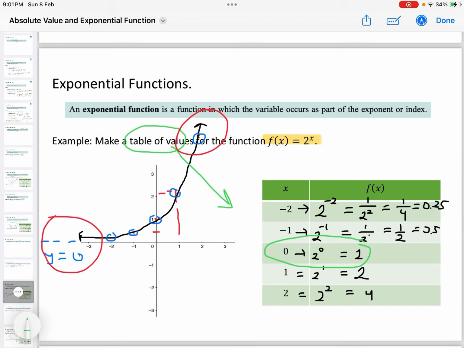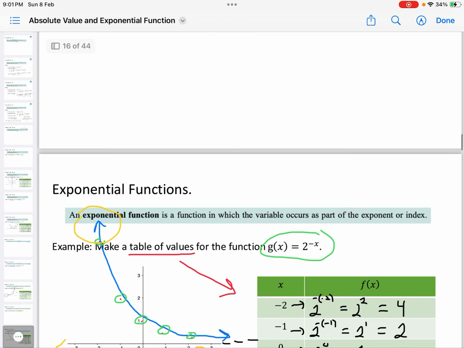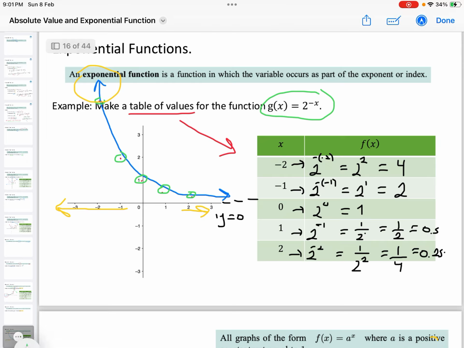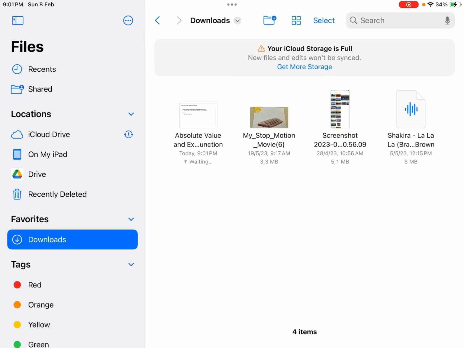When you evaluate in 0, the answer is 1. Let me go back to the previous one. When you evaluate in 0, the answer has to be 1. So there are some features that are shared by both of them, so I would like to make a summary of the characteristics between them.